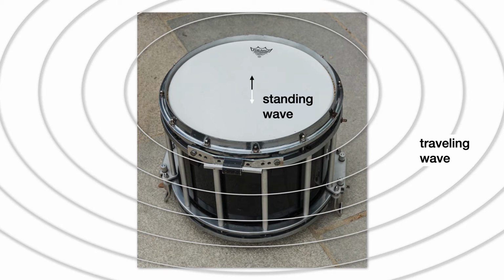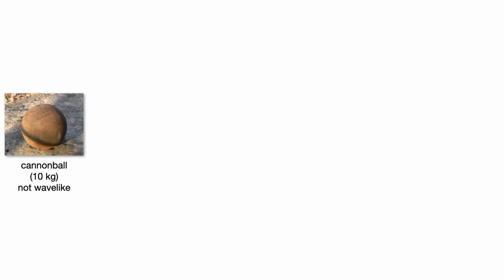Now, wave behavior was not obvious to physicists, and it's something that we don't experience in our everyday lives. The reason for this is that macroscopic objects don't behave in a very wave-like way. They do have wave properties, but they're too small to really notice. Something like a cannonball, it's almost impossible to observe any wave behavior from it.